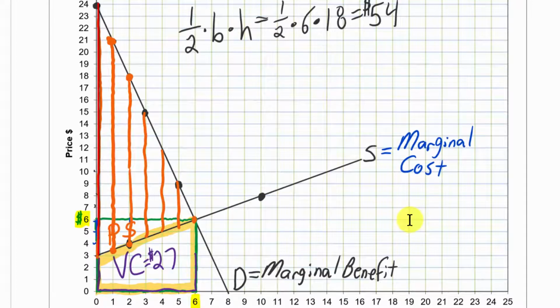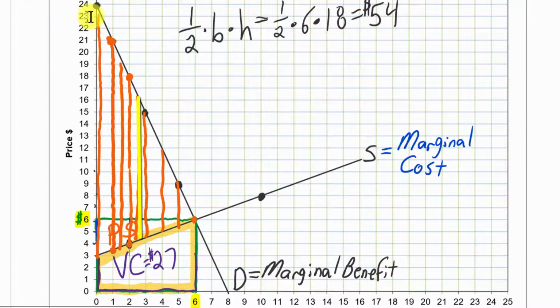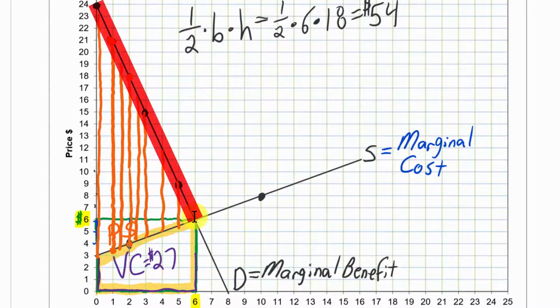Way over here, and the 1,000th box of cookies, and the 1,500th box of cookies, and the 2,358th box of cookies, etc. So what we really want to get is this entire area, the entire orange area there, is the quickest, easiest, and most accurate way to add up all of those surpluses that are being generated anytime someone buys a box of cookies that they value more than what it actually costs the business to make.